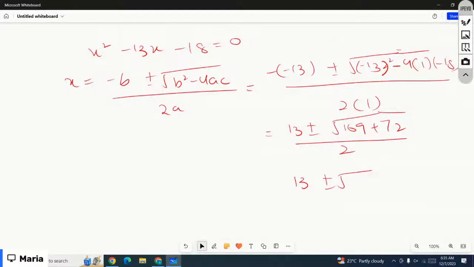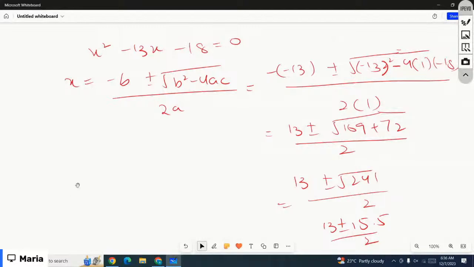And 72 plus 169 is 241. Okay, 241 divided by 2. So let's just evaluate the square root of 241. That is 15.5, right? 13 plus or minus 15.5 divided by 2, right?